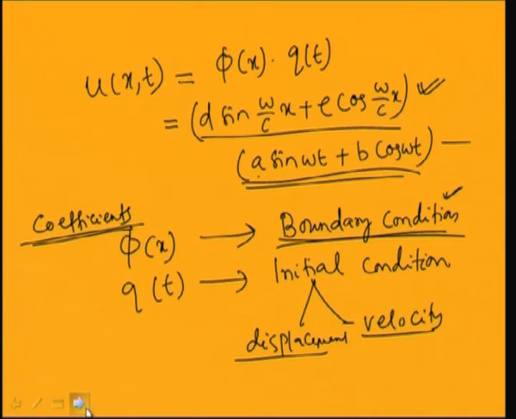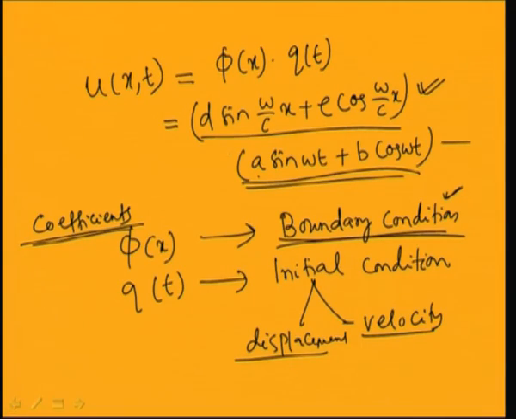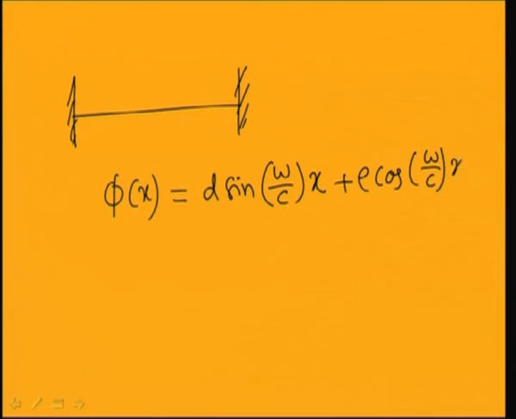So let us take the case of the fixed beam, fixed string. Let this be the string, fixed at both the ends. In this case we have phi x equal to, in case of string, d sin omega by c x plus e cos omega by c x.